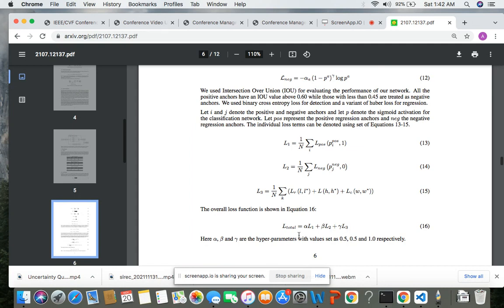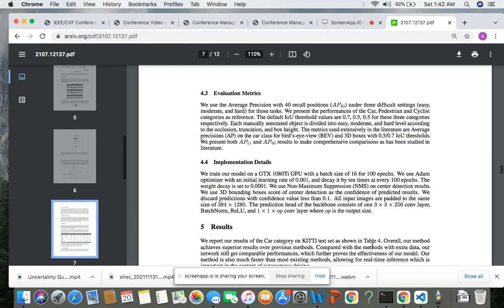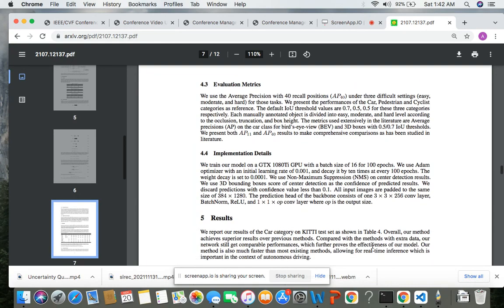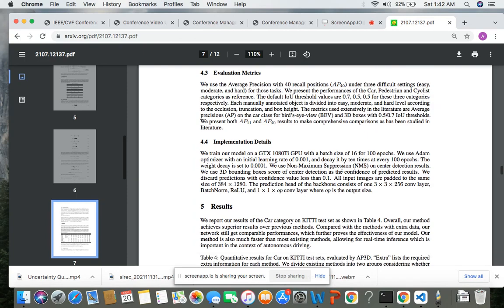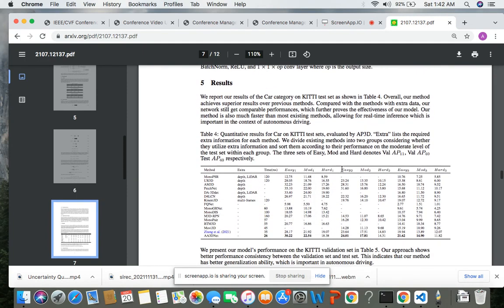So the complete loss function can be written as this, where alpha, beta, and gamma are parameter values which we have fixed here. Going over the evaluation metrics, we use average precision as the evaluation metric. We present the implementation details.